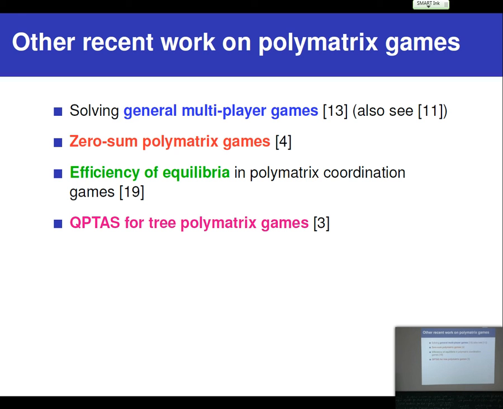Guido's going to talk about efficiency of equilibria in polymatrix coordination games, and there's this QPTAS for polymatrix games. These are all relatively recent results, and there are some open problems related to all of them, so I hope you have convinced you that it's worth looking at polymatrix games. Thanks.